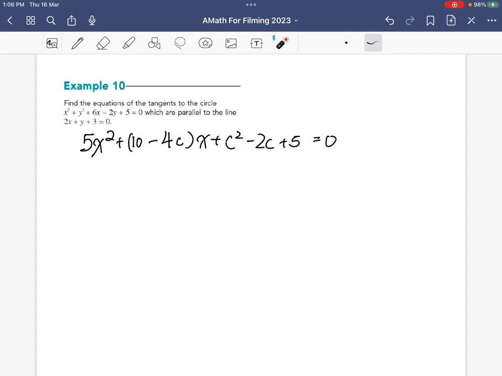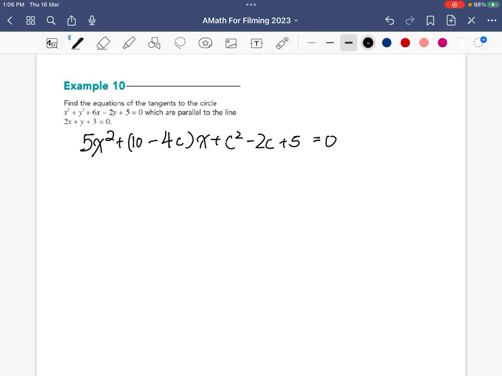Now, the thing here is this. We know that the lines are tangent to a circle. So tangent means that it meets at one point. If it meets at one point, what this would imply is that if you find the discriminant, there should be real and repeated roots, only one single solution.